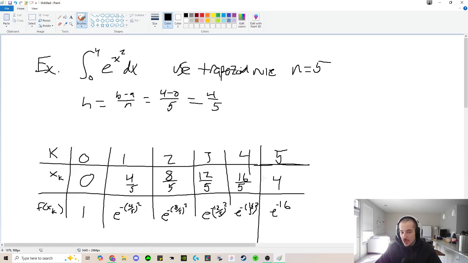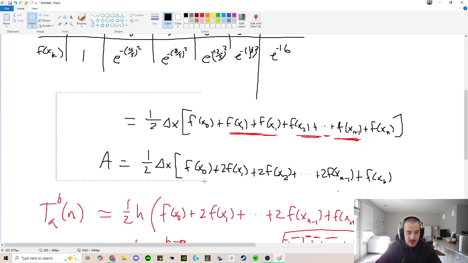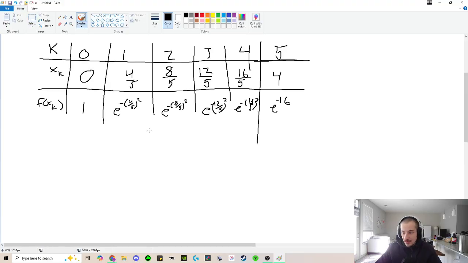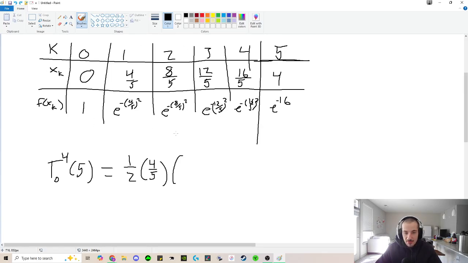And so now what do we do? Well, we just need to go ahead and do our formula, right? So let me erase some more of this. We're going to say T from 0 to 4 of 5, so we're going from 0 to 4, and our n is 5 here. This is going to be 1/2 times h, which is 4/5, times, and now we just do these guys here, remember? We got a 2 coefficient on the middle ones.